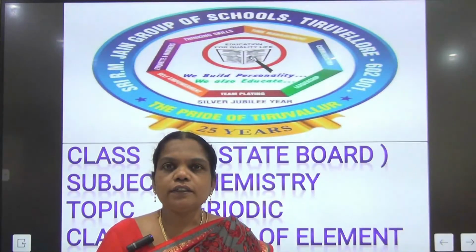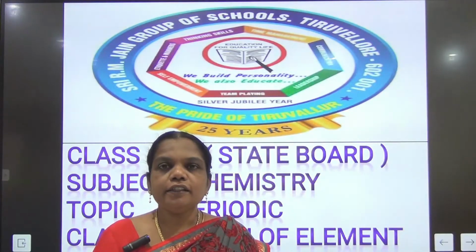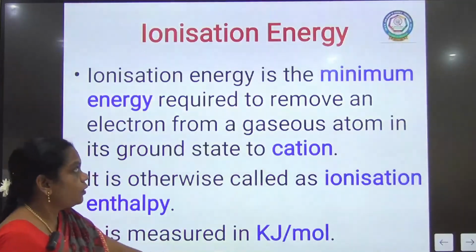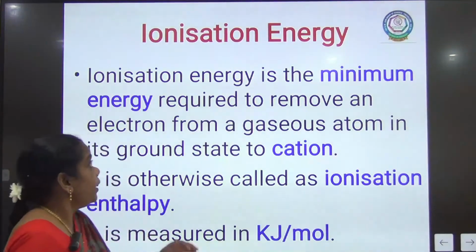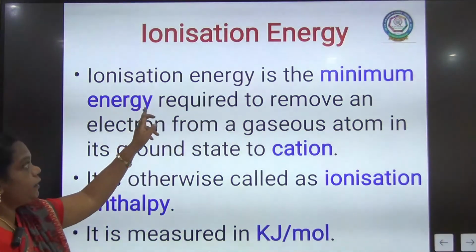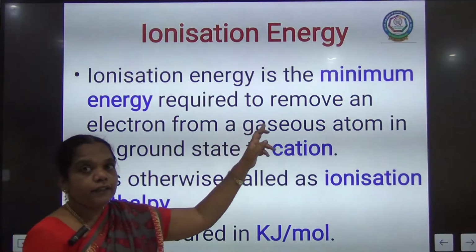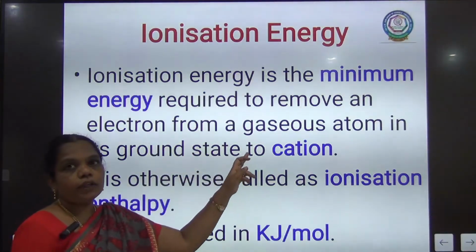Today we are going to discuss a periodic property of the periodic table, which is ionization energy. So what is meant by ionization energy? Ionization energy is the minimum energy required to remove an electron from a gaseous atom in its ground state to form a cation.